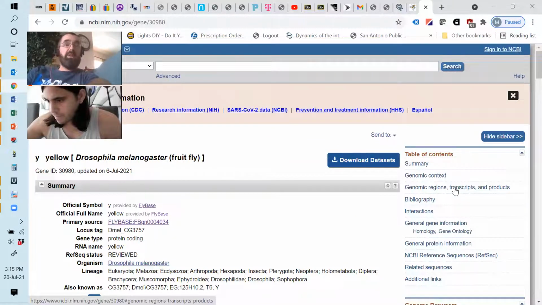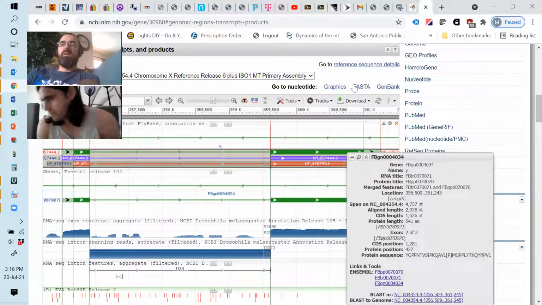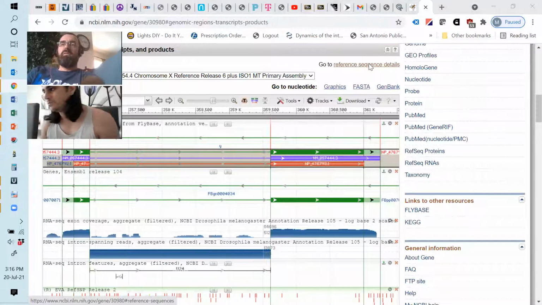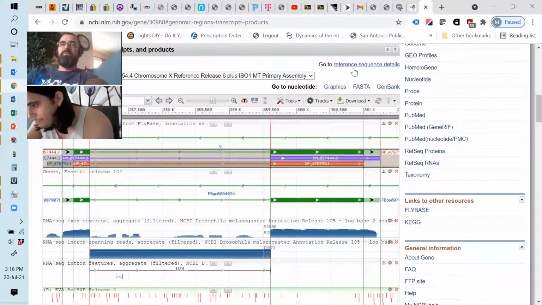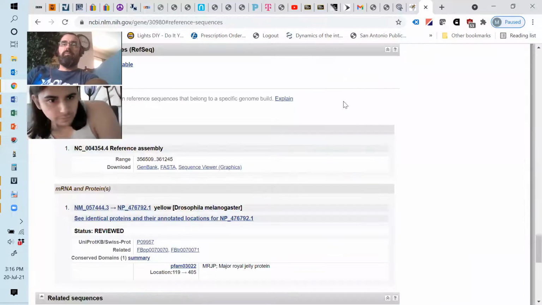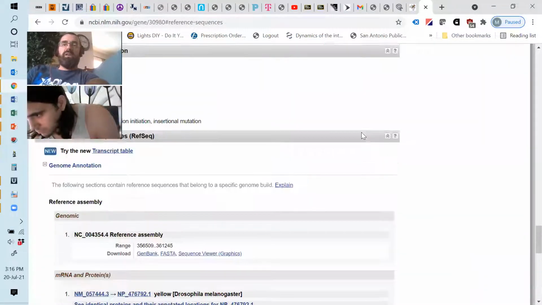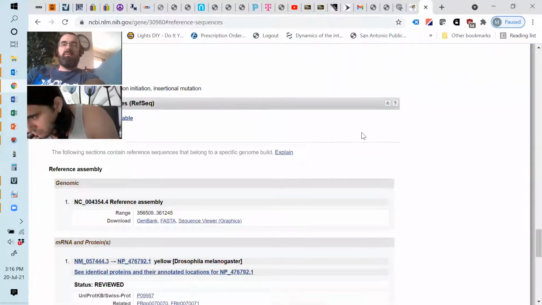There are lots of different ways you can get to this information, but let's follow the instructions. I'm pretty sure it's go to reference sequence details. Yep. So you click on this hyperlink up here, and that will take you to this page down here.